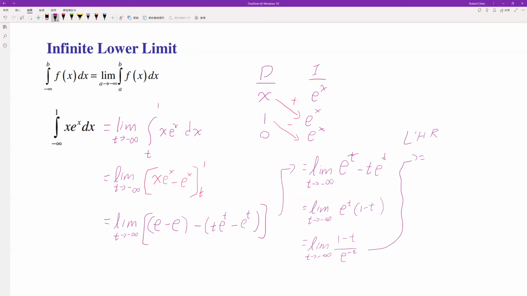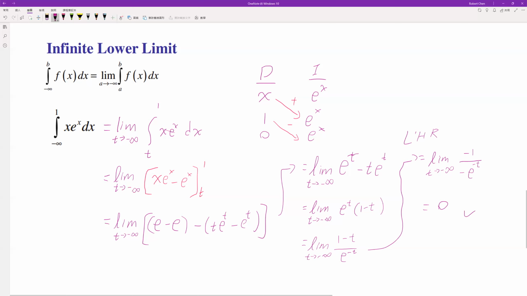So we get the limit as t approaches negative infinity of -1 over negative e to the negative t. Now when we're approaching negative infinity, this is going to be e to the infinity, which will make this a really large number, so the limit is 0.